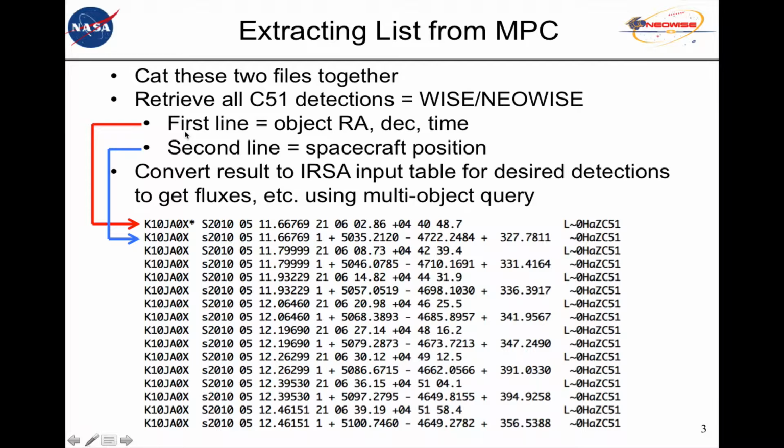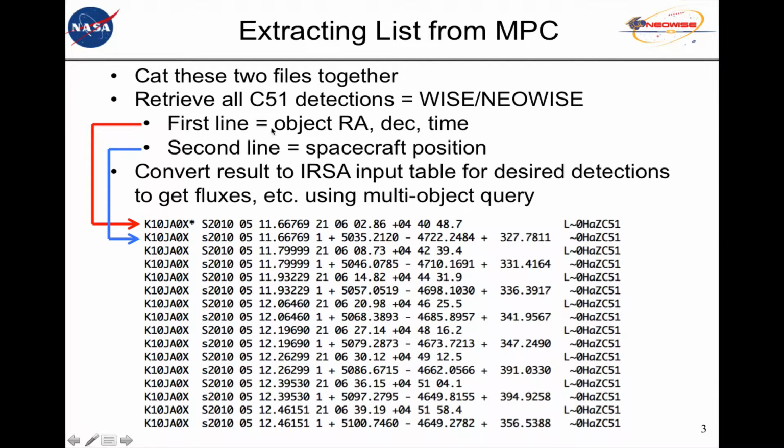The first line contains the object detection RA index and the time stamp. The second line of each observation contains the spacecraft position along with the time stamp. The spacecraft position is in units of kilometers from the Earth's geocenter.